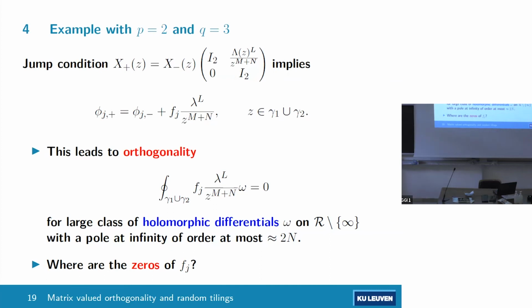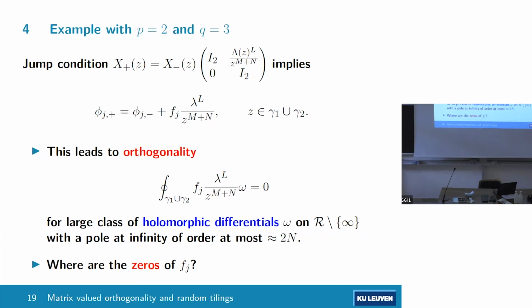So we are dealing here with a meromorphic function with a lot of poles, all poles at infinity, which has a lot of orthogonality with respect to meromorphic differentials, again with only poles at infinity. There are little details that vary from case to case, but this is the basic thing.